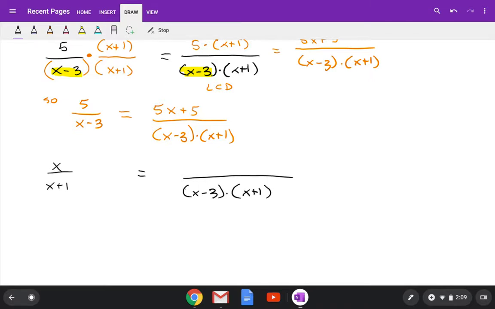So this is the LCD. This is what we want to have on the bottom. So we're building an equivalent fraction. So look what happened. Our original fraction already has x plus 1. So the missing factor is x minus 3. So we're going to multiply top and bottom by the missing factor, which is x minus 3.